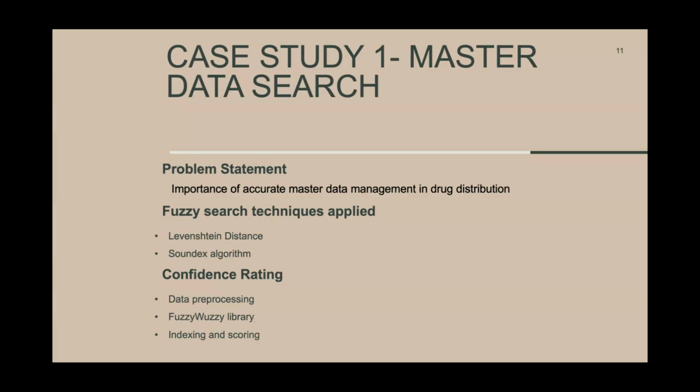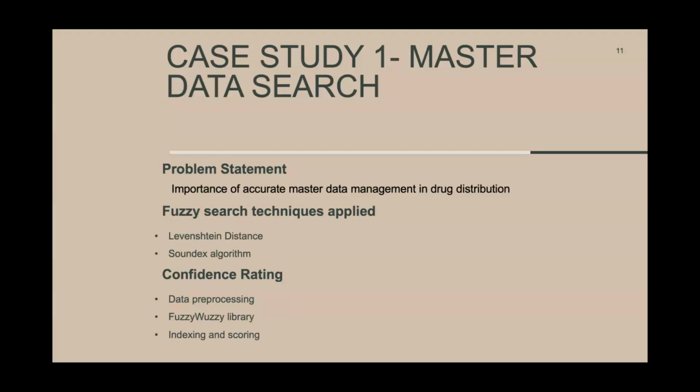And then we created data structures such as inverted indices and BK trees to enhance the search efficiency. This step is crucial for handling large data sets. In the end, we did the scoring and ranking based on the similarity scores.